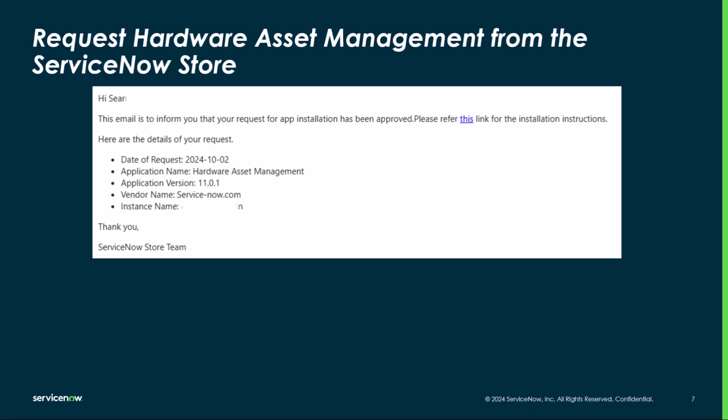And once that's done, you're going to receive an email that says that it's been approved and it's been requested for you. And you're going to wait a little while for the application manager to synchronize with the store, and then once that's done, it'll become available for you.